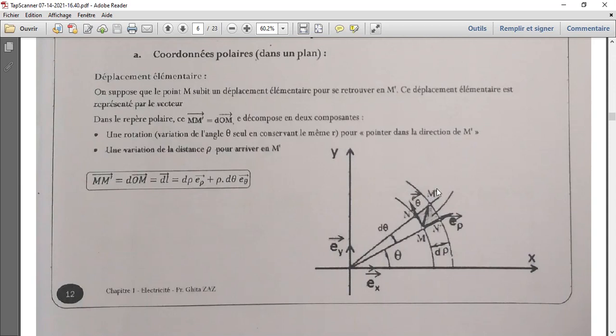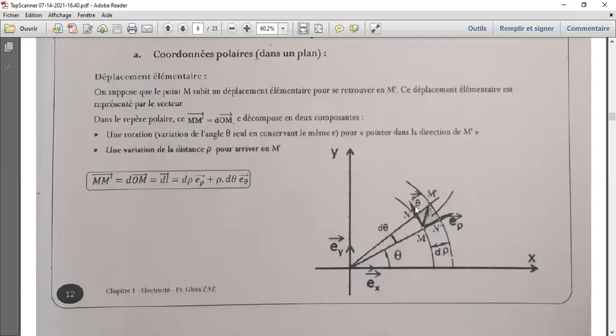They continue saying that ce déplacement élémentaire est représenté par les vecteurs. So this displacement élémentaire is represented by the vectors, which I talked about yesterday, and I spent a lot of time explaining yesterday. There's the vector E theta and the vector E rho.